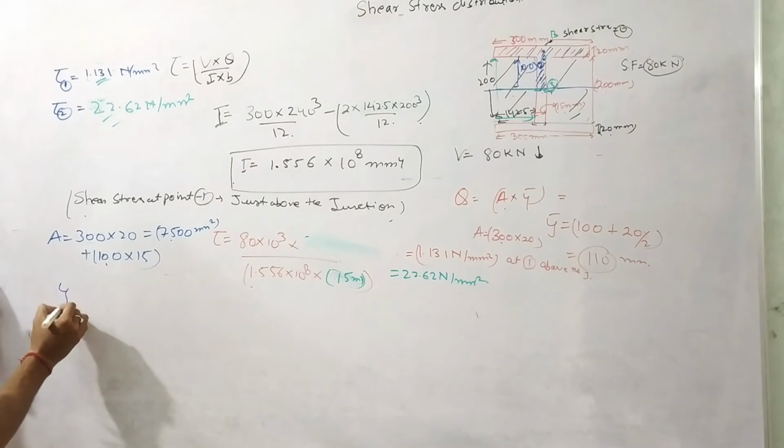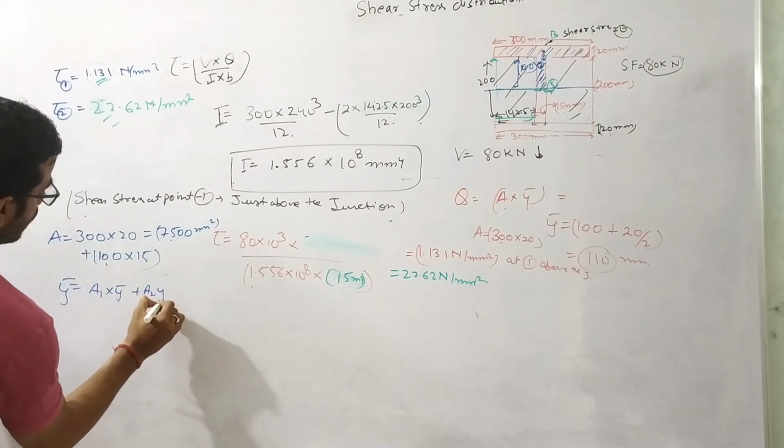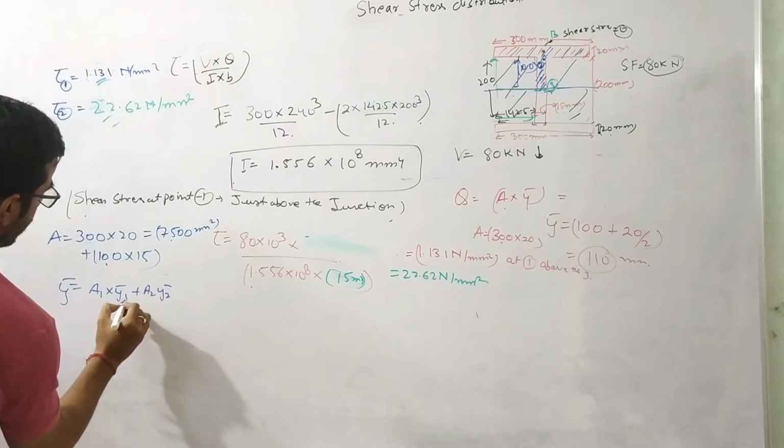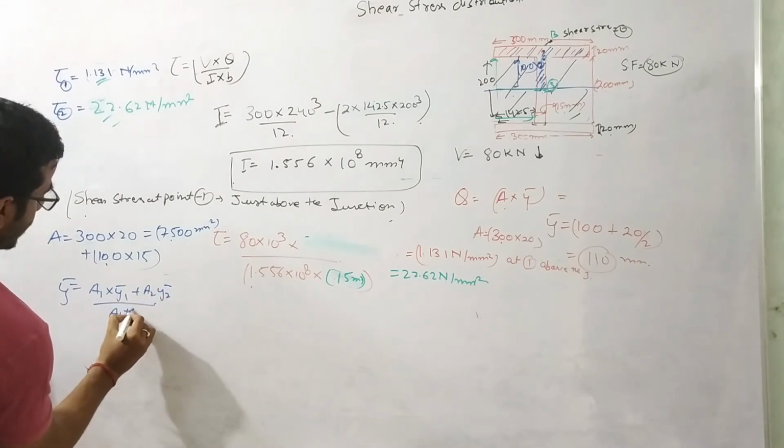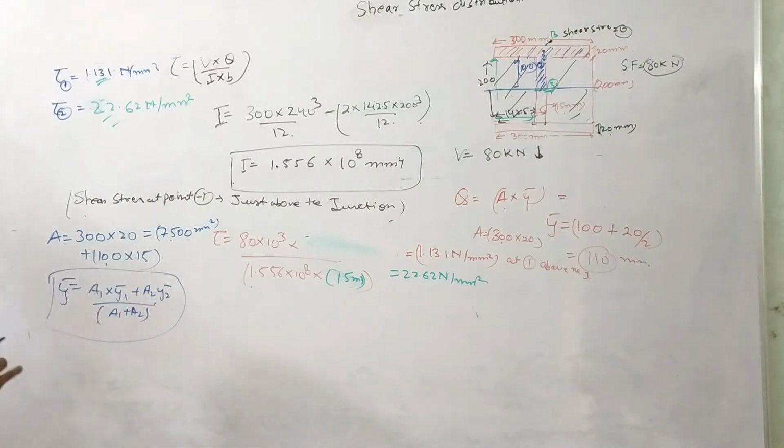Y bar will be equal to A1 into Y1 bar plus A2 into Y2 bar upon A1 plus A2. This is how you calculate the centroid of the cross section.